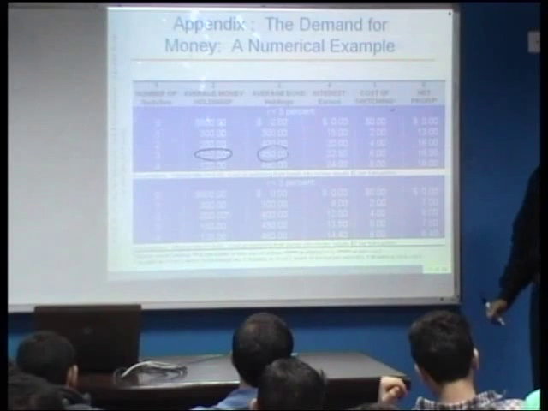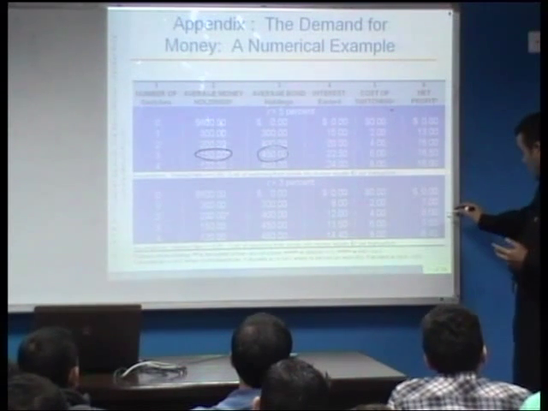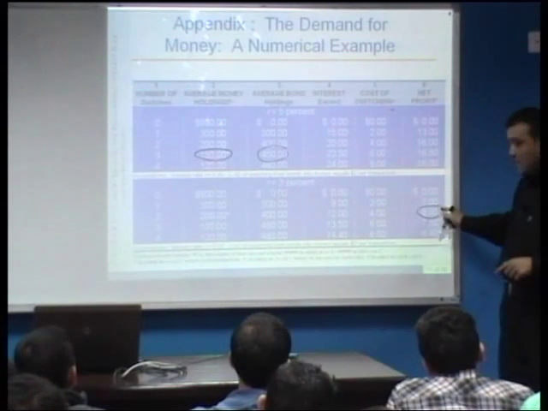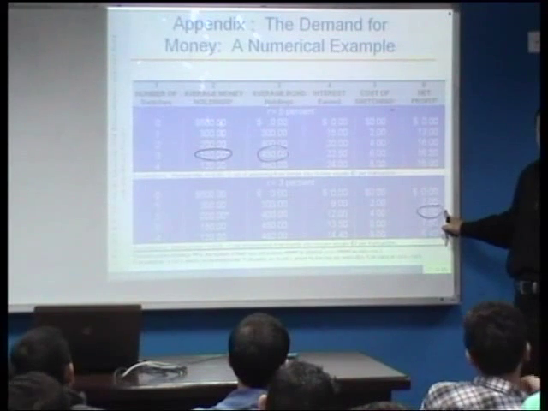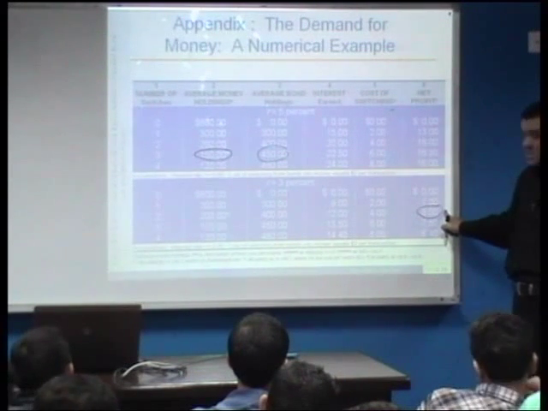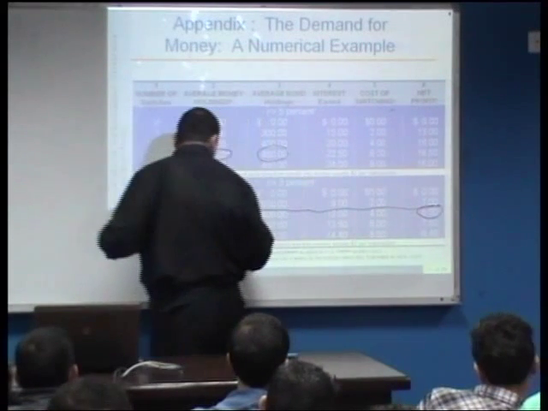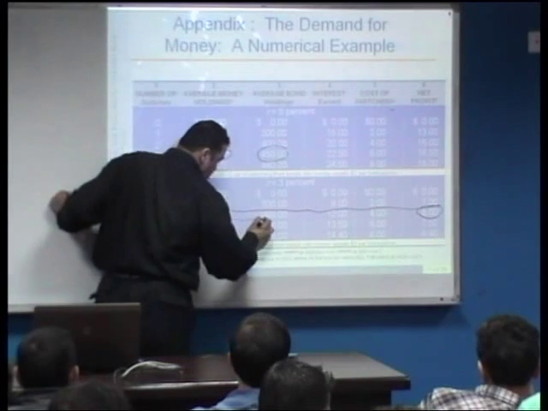So where is the new optimal balance, which gives him the highest net earning, at 8? So I advise, as you see, the optimal balance has been changed.